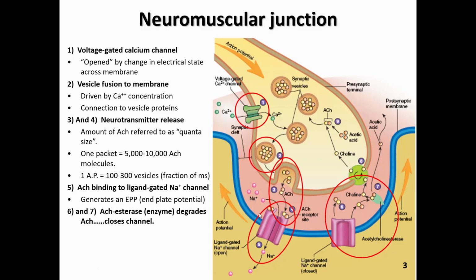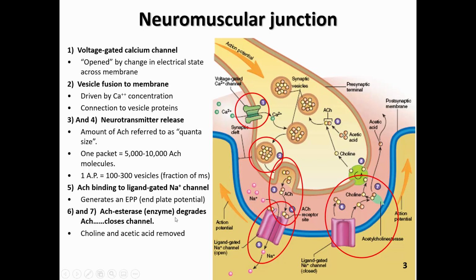opening of voltage-gated sodium channels along the rest of the postsynaptic membrane, and the process ceases when the action potential of the motor neuron, or when the membrane potential of the terminal axon returns back to its resting state, and acetylcholine esterase degrades acetylcholine.